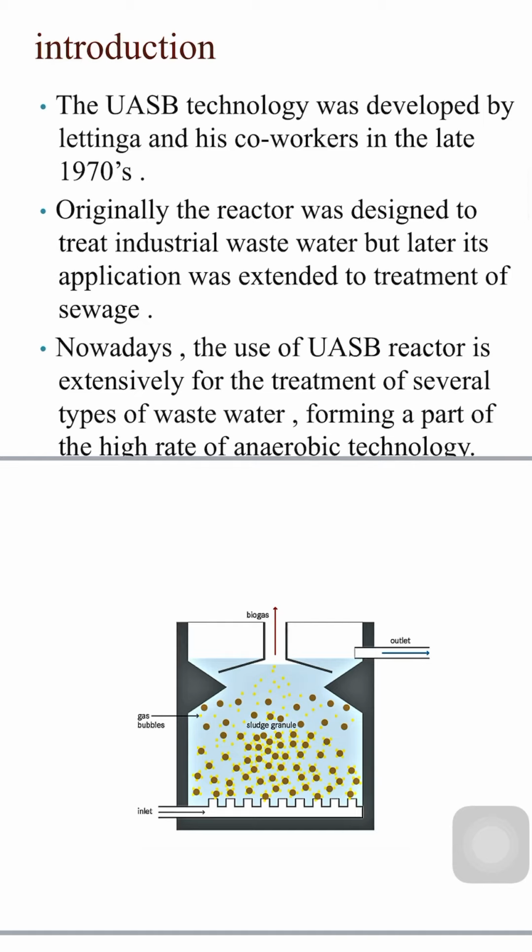Nowadays, the UASB reactor is used extensively for the treatment of several types of waste, forming a part of high-rate anaerobic technology. When first developed, it was mostly used for industrial purposes, but nowadays it has a large scale of applications.